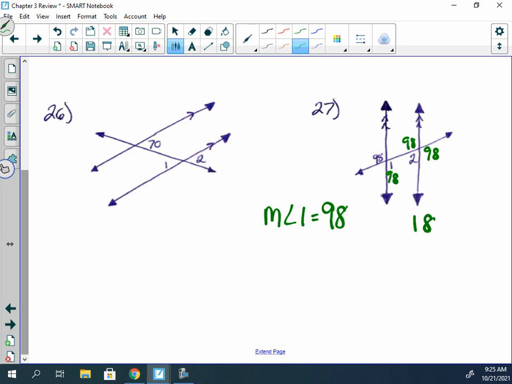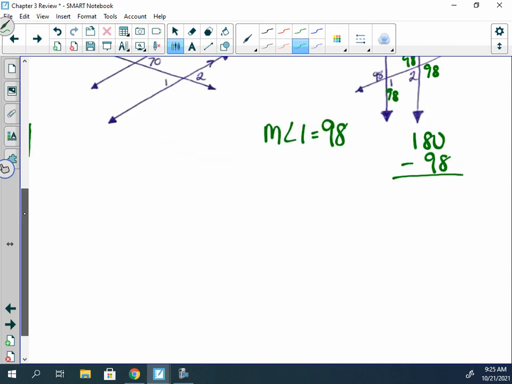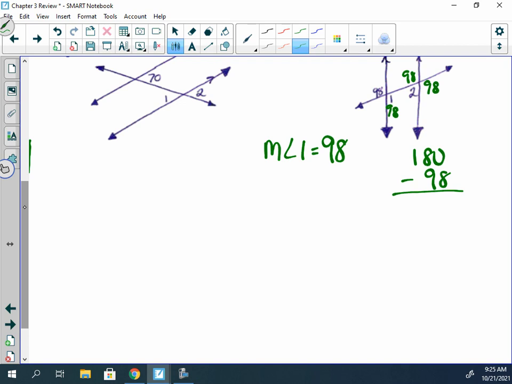So we can take 180 and subtract 98. If we do that, we would get 82, so the measure of angle 2 is 82 degrees.